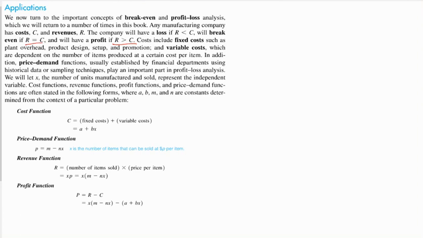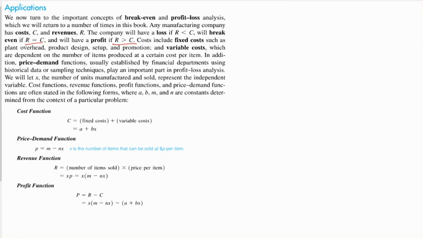The costs include fixed costs such as the plant overhead, product design, setup, and promotion. It'll also have variable costs, which are dependent on the number of items that are being produced at a certain cost per item. In addition, there is a price demand function, usually established by the financial departments, that uses historical data or sampling techniques.